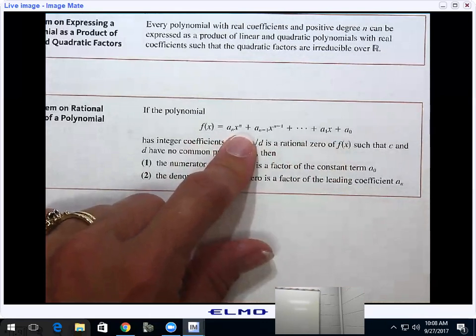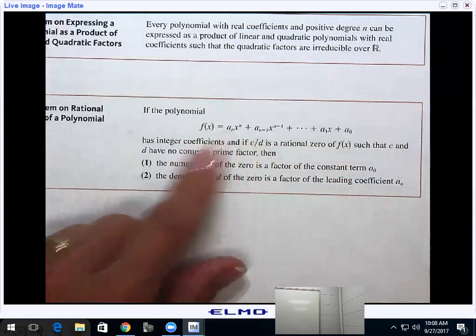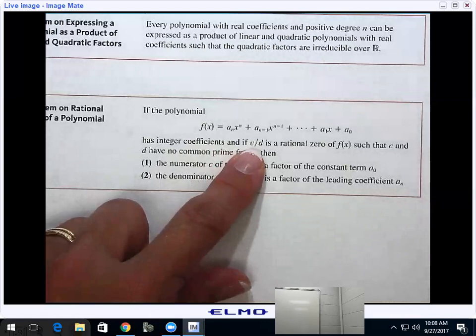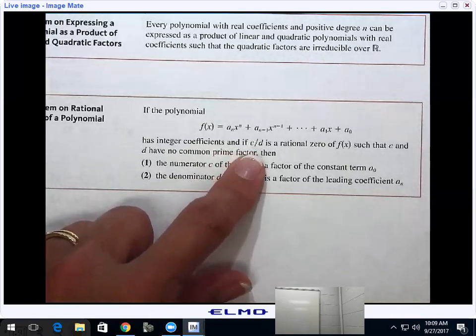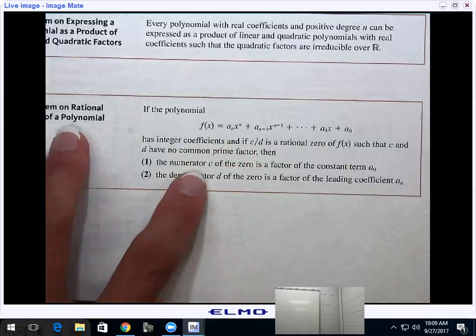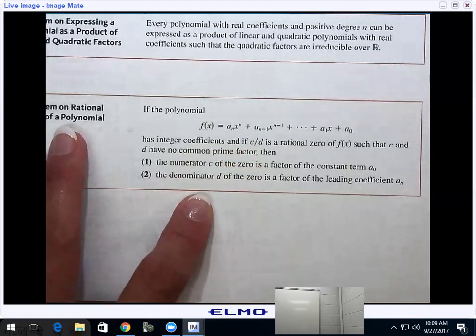This is just an nth degree polynomial written in descending order. If it has integer coefficients and some fraction c over d is a rational zero in simplest form, then c is a factor of the numerator and d is a factor of the denominator.